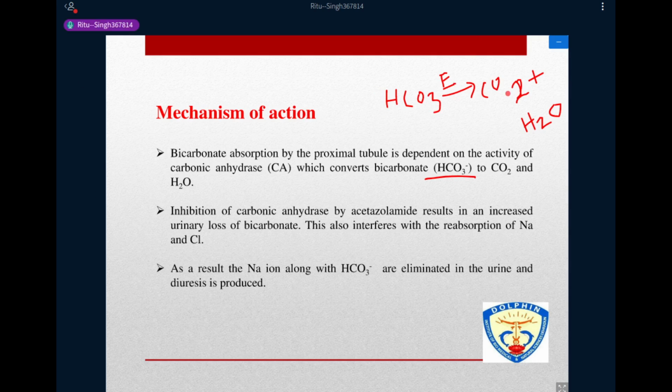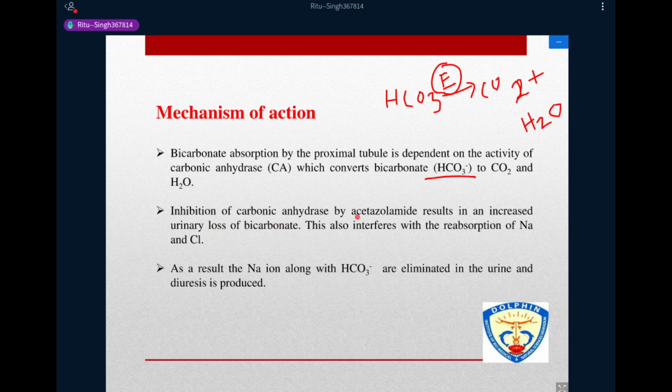In the normal functioning of carbonic anhydrase, bicarbonate ion is converted into carbon dioxide and water. But when the acetazolamide drug acts on this enzyme, the function of this enzyme is inhibited.